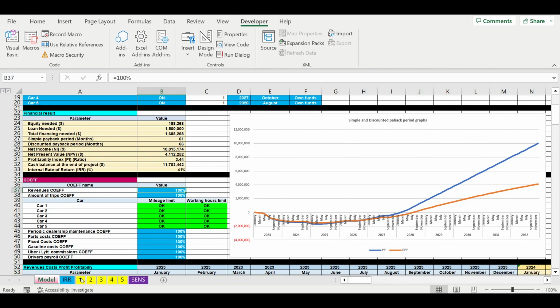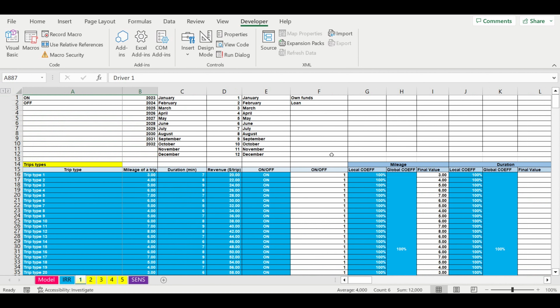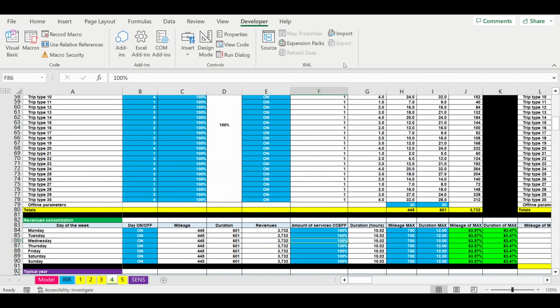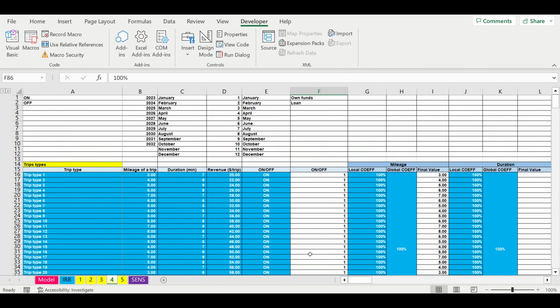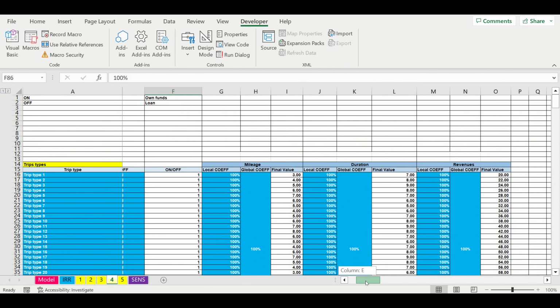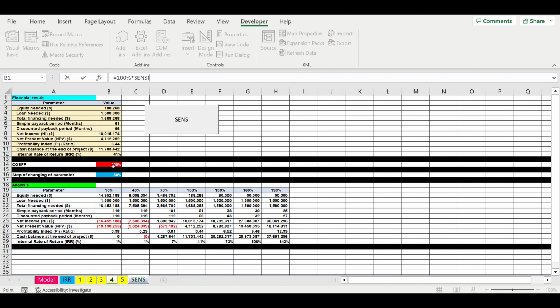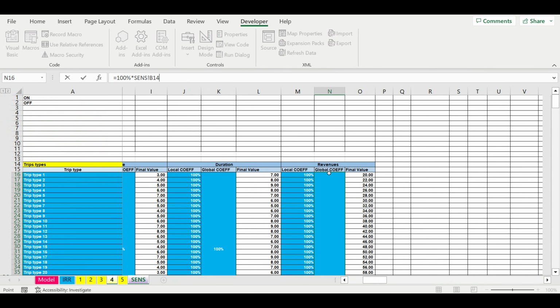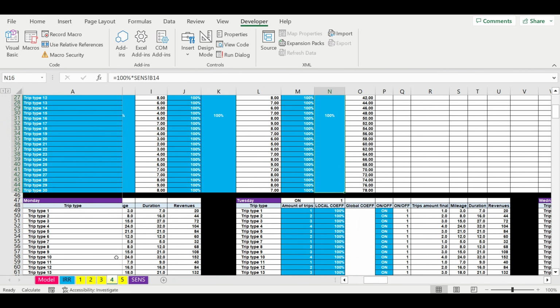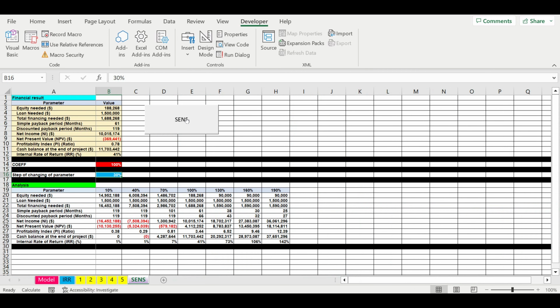We can go, for example, to car number 4, just for example, and add this coefficient to the revenues, to its local revenues. And then press Sense button.